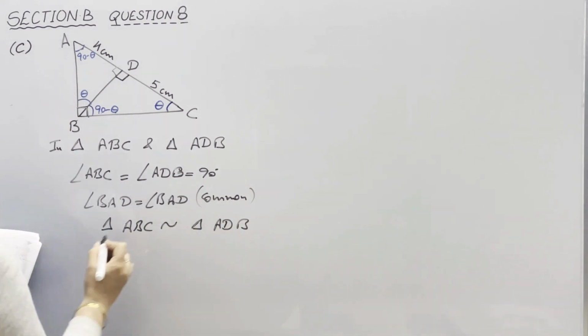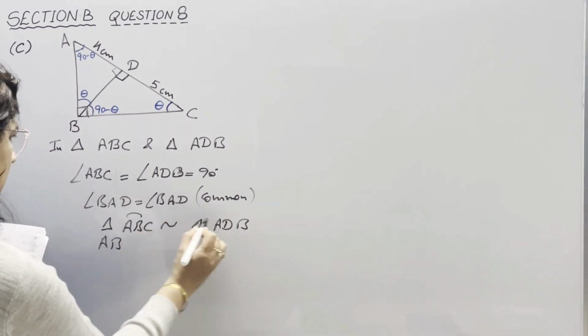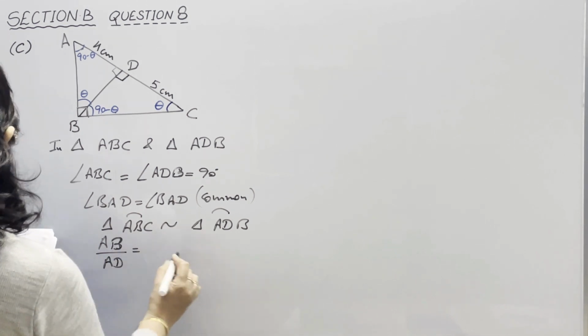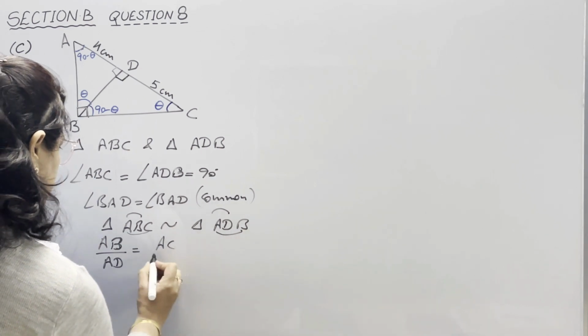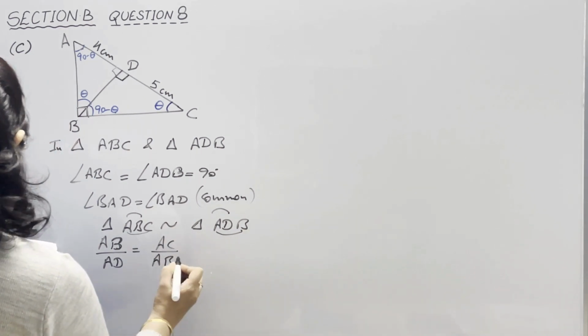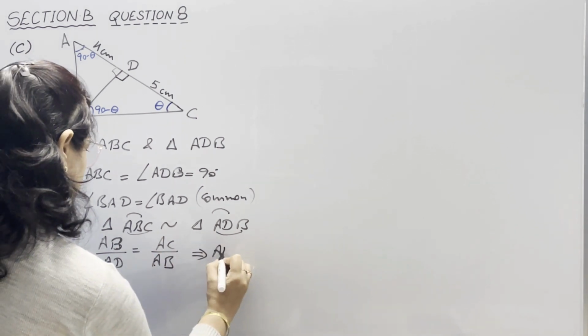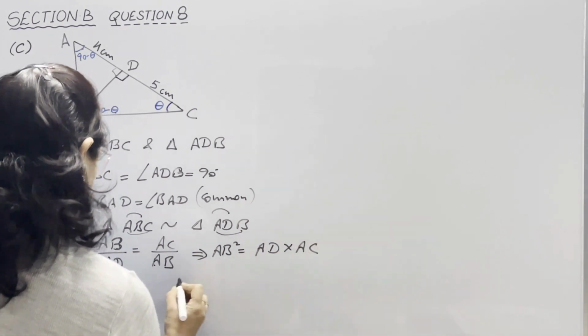It means sides are in proportion. Now which sides do we need? AB from here and here AD. So AB upon AD is equal to, if we are taking AC, then here AB. AC upon AB. So now AB square is equal to AD into AC.